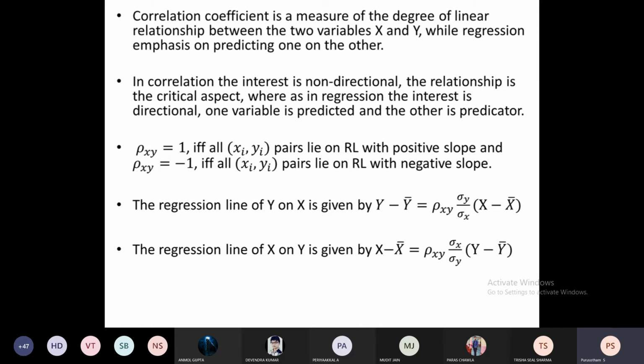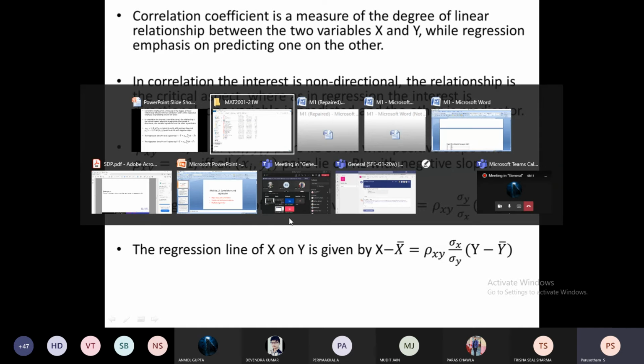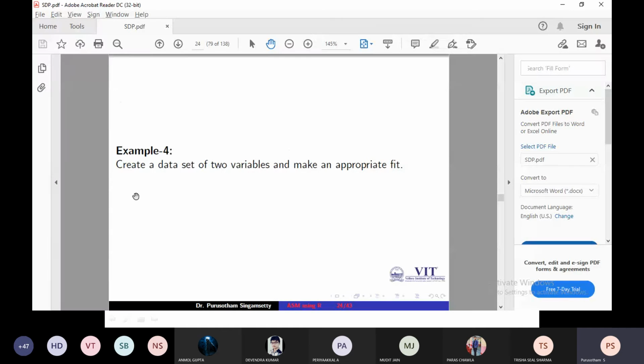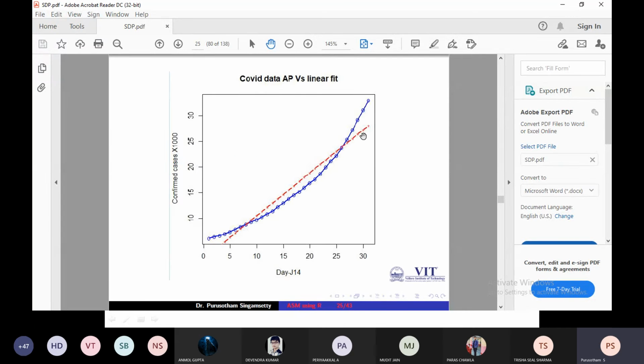If rho xy gives the value 1, it indicates that all your xi, yi points are lying on this regression line. See that the encircled points are all lying on the red color line.